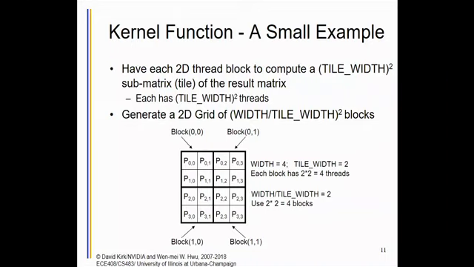So here we use a very small block, 2x2, for this little example. Block 0 will cover P00, P01, and so on, and block 01 will cover these. So it's a very natural mapping to cover the generation of the entire P matrix. Here we have width equal to 4, tile width equal to 2, and every block has 2x2 equals 4 elements.